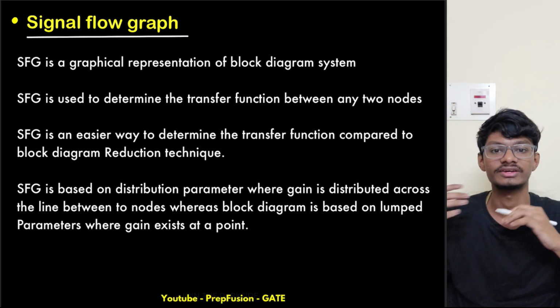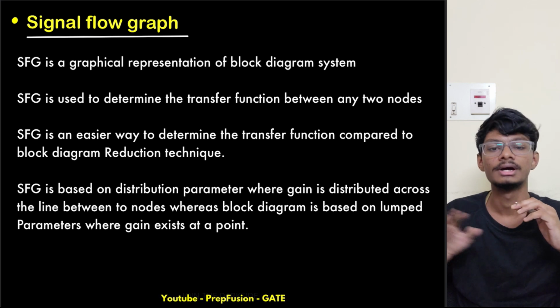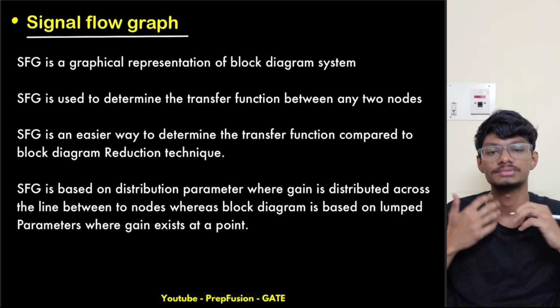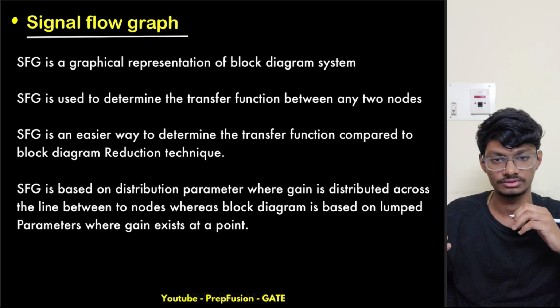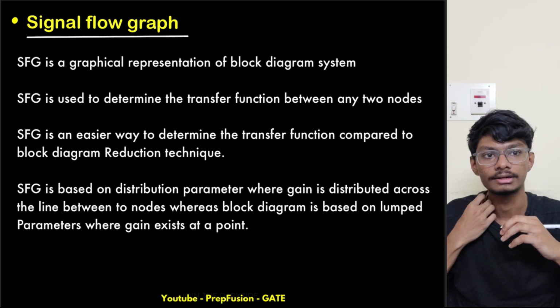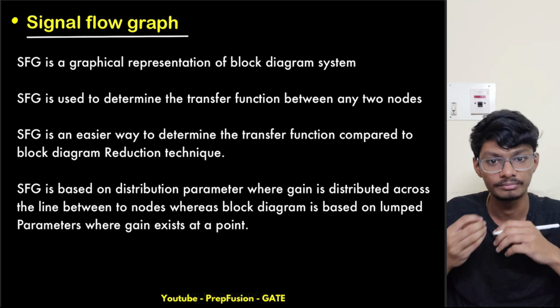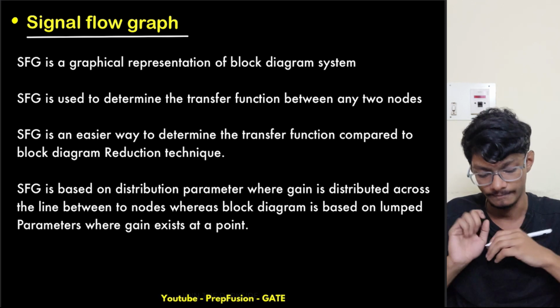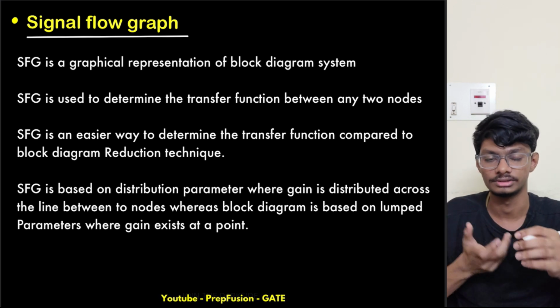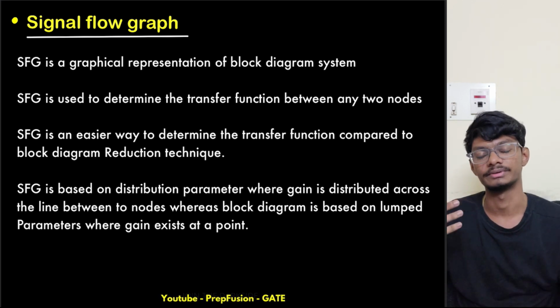With adders it becomes very complicated for block diagram reduction, and with equations also it becomes difficult, because as you just saw in the previous example, it was getting lengthy and I could have made a calculation mistake. So SFG is better from that perspective, right?